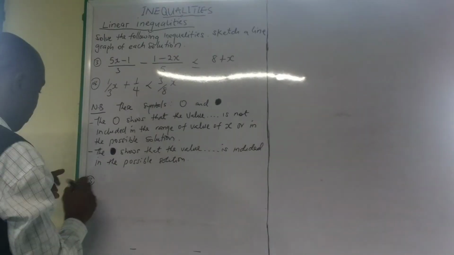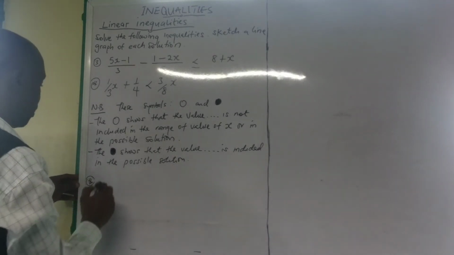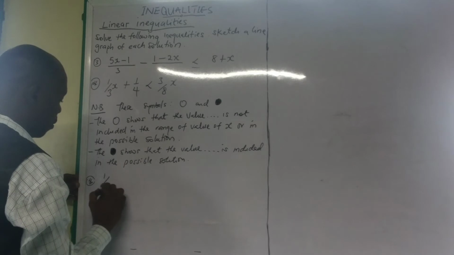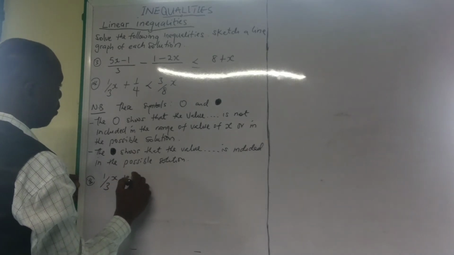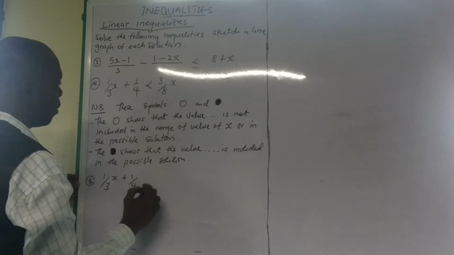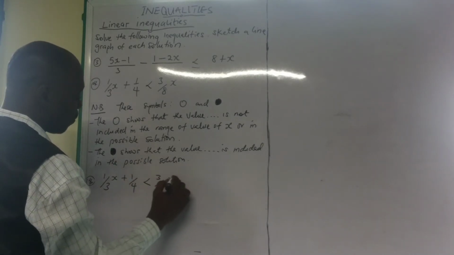So question 4 here, we have 1 over 3x plus 4 plus 1 over 4 less than 3 all over 8x.